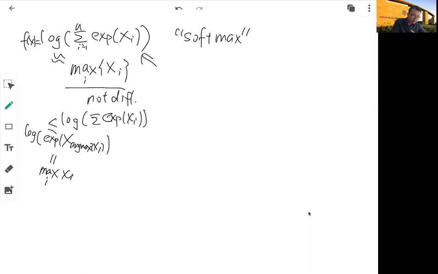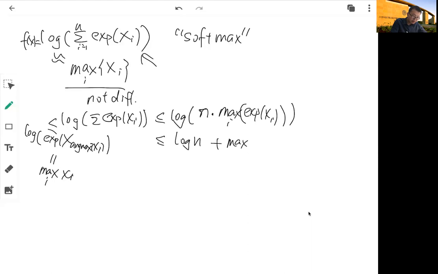Similarly, I can upper bound it with something related to max of x_i as well, with log of n multiplied by exp of max x_i. That gives me log of n plus max x_i. Even though we cannot differentiate max, we have something that's pretty good, since it differs from the max only by a logarithmic factor.